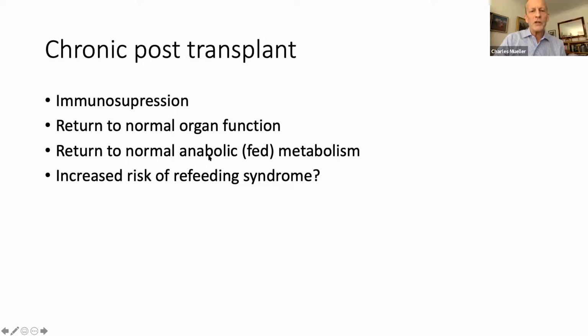They will return to having anabolic capability. So they have to eat adequately and they have to get physical therapy and exercise. And they are at the highest risk of refeeding syndrome at that point because they're anabolic. Refeeding syndrome is always on the table when somebody has anabolic capability, not catabolic, but anabolic capability.